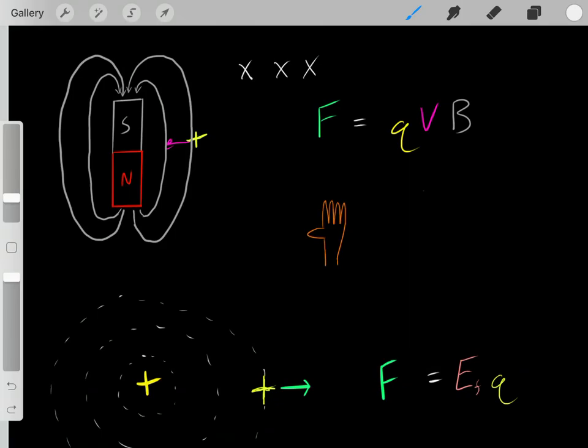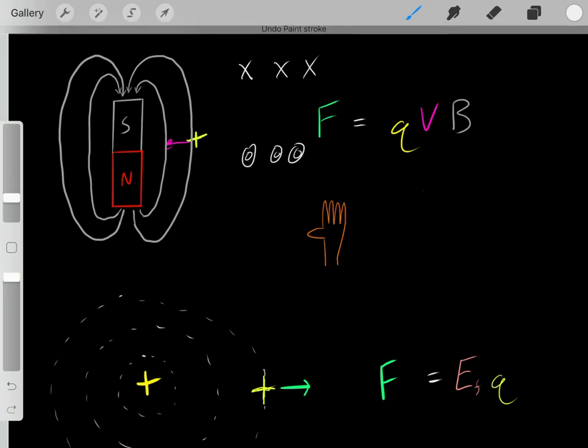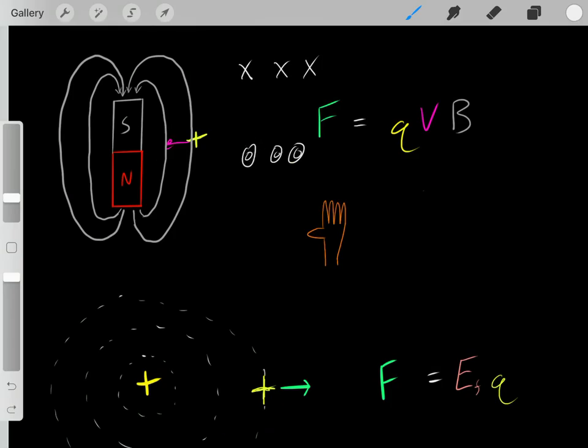However, what if we oriented it in a different way where the magnetic field lines were pointing out of the screen, straight at your face? Well, you would represent those magnetic field lines with these little concentric circles, where each circle represents one magnetic field line pointing out of the screen, straight at you. And I like to remember this because I think of an arrow.